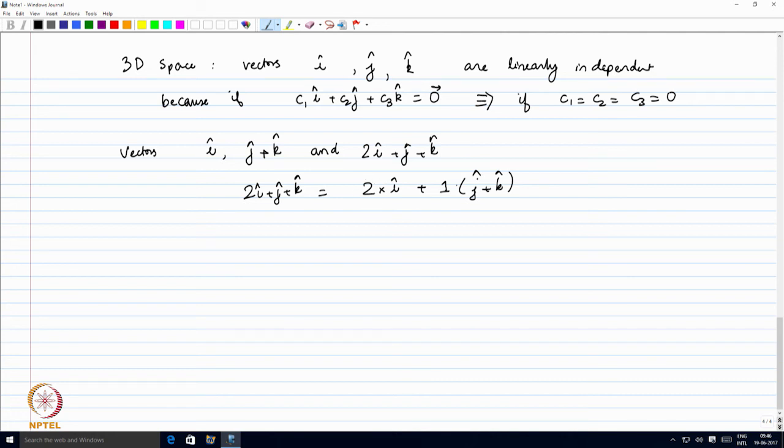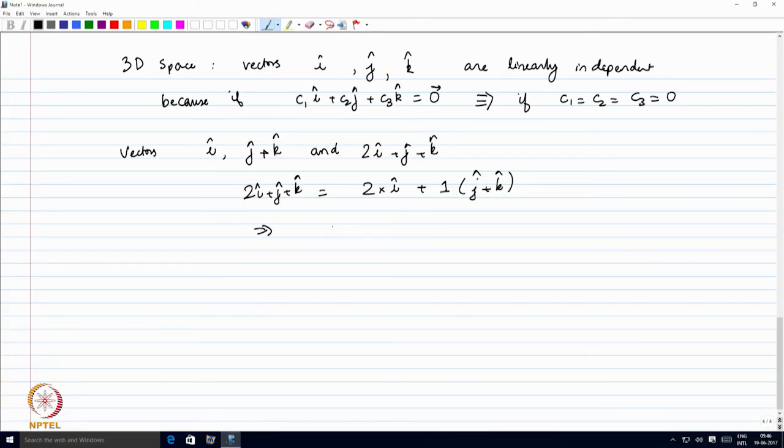Okay. So, the idea of linear independence and linear dependence is extremely important for vectors. If you take any vector space, there is a maximum number of vectors that can be linearly independent.